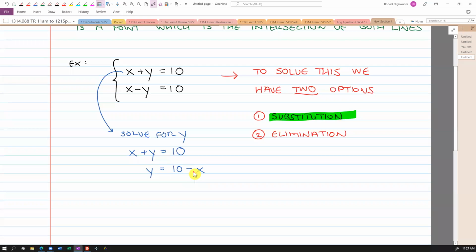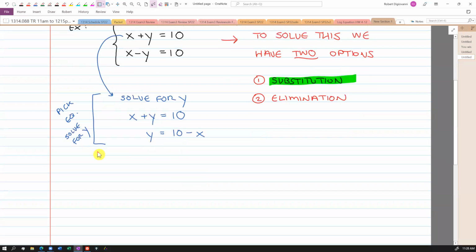Your choice. Okay, have I solved for y on the first equation? Yes, right? Okay, that first step's done. That was my first step. I picked an equation and solved for y.